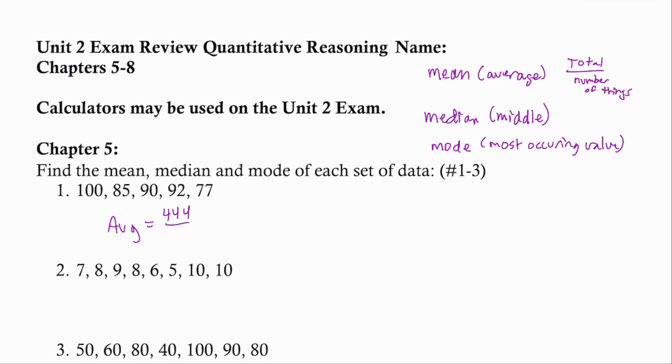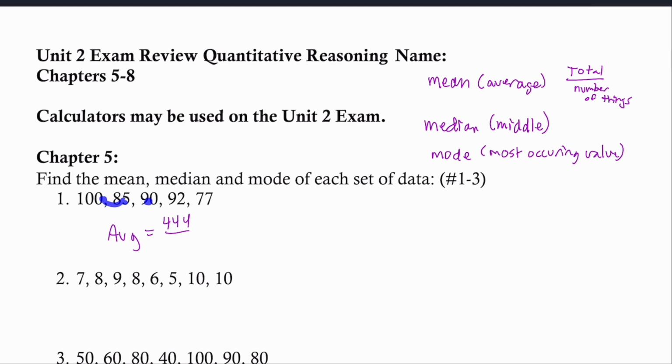If you count the number of items, you'll see we have 1, 2, 3, 4, 5 items. So just divide by 5. Round to the nearest tenth for me. And that is 88.8 is the mean.